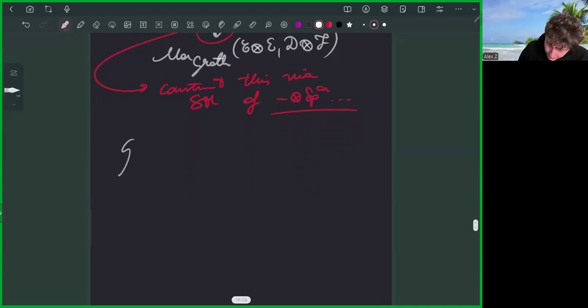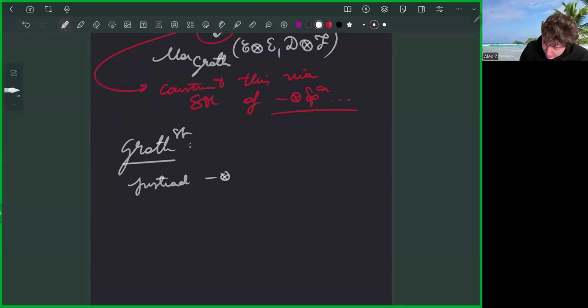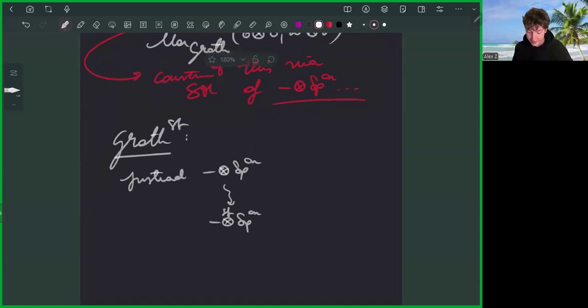And now what one can do is do the same things to the other stuff. Instead of considering SPCN, you replace this by a functor that I denote by the tensor stable and then SPCN.